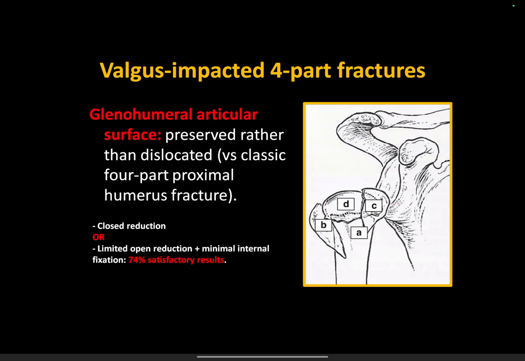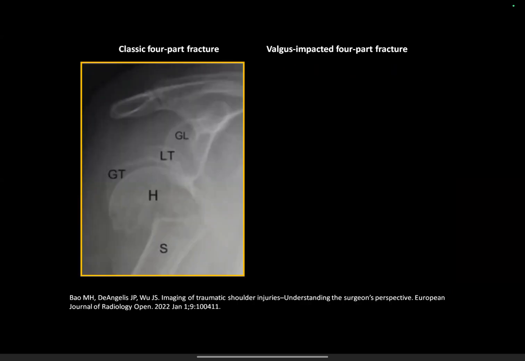So it's important for us to identify the valgus impacted because the management will be different. Valgus impacted basically, again, the articular surface is spared. In terms of management, we can either do closed reduction or limited open reduction with minimal internal fixation, with usually 75% or 74% satisfactory results.